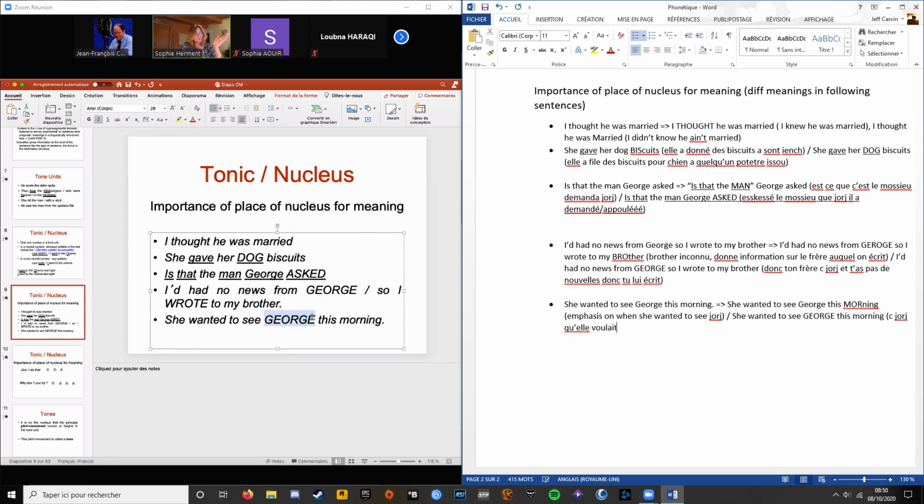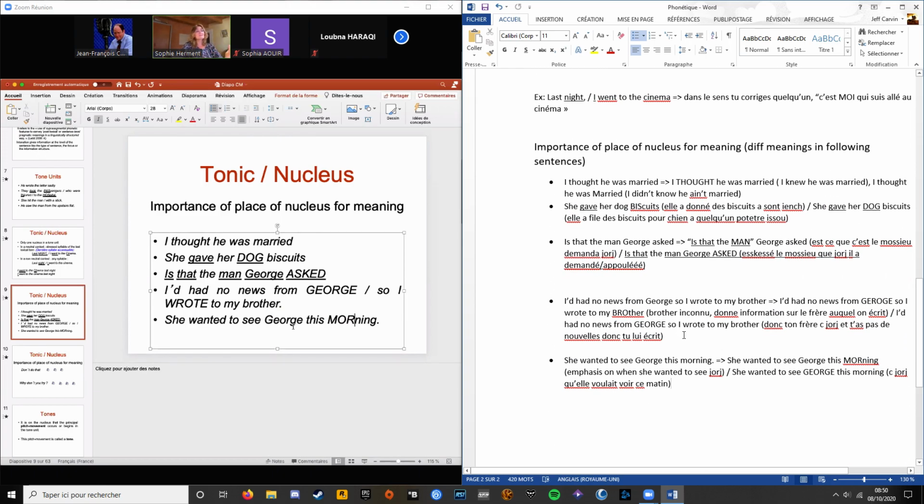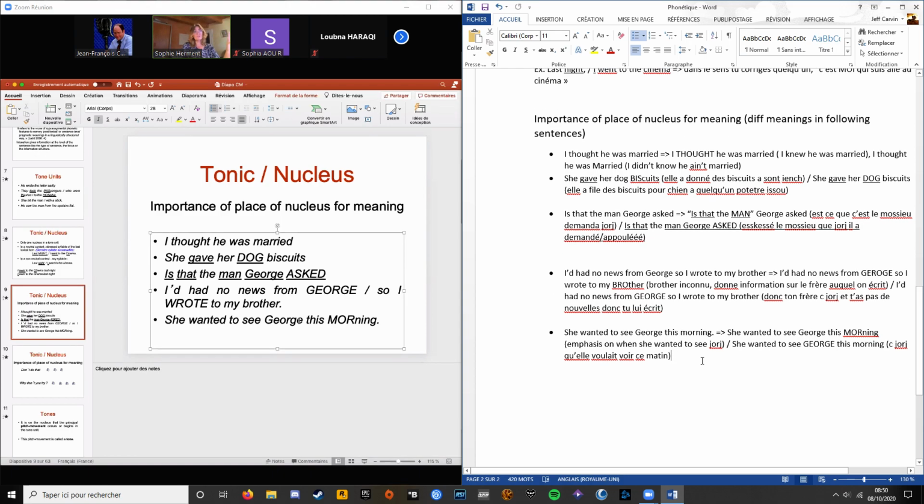neither George nor morning are known, then it's the most neutral one. And of course, you're going to say morning. She wanted to see George this morning. And then again, this one would be ambiguous and it would depend on the context. So in the context, if wanted to see George is already known, in French, you translate c'est ce matin qu'elle voulait voir Georges.